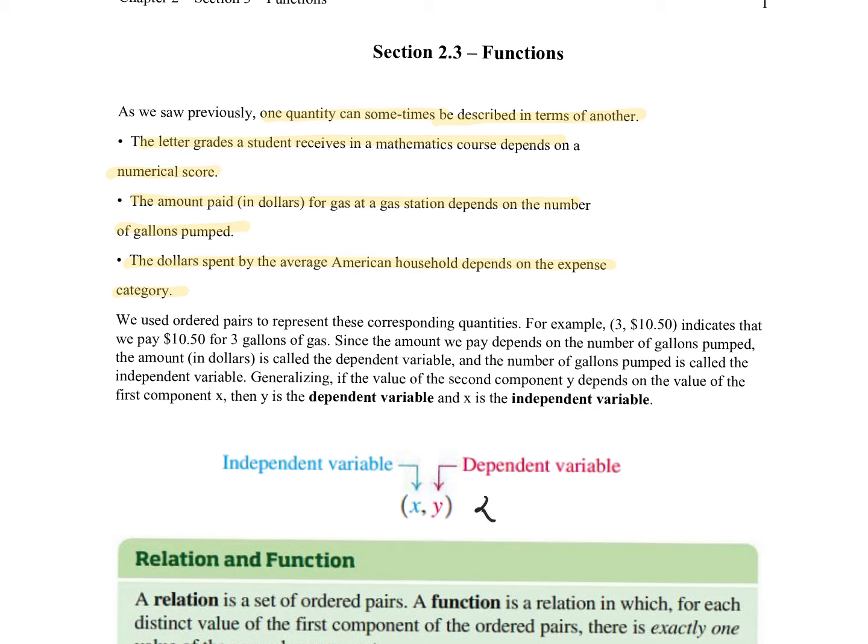So we have an ordered pair. And it puts two variables, x and y, together because they are related to each other in some fashion. X is the independent, it's the thing you plug in, it's the input. And y is the dependent variable or the output.